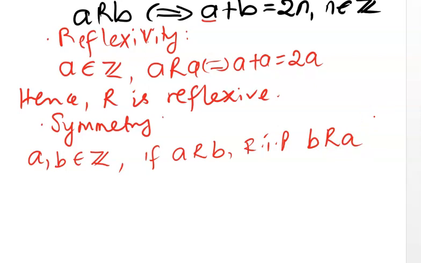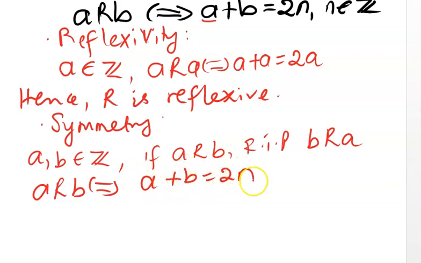Now, a relates to b. What does that mean? It implies that a plus b is equal to 2n.